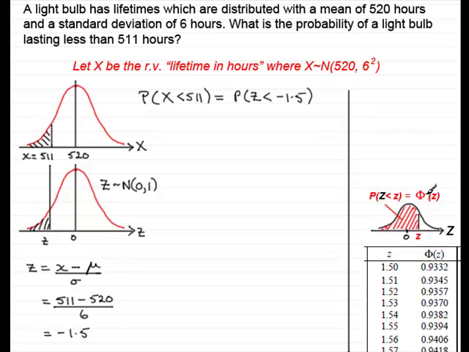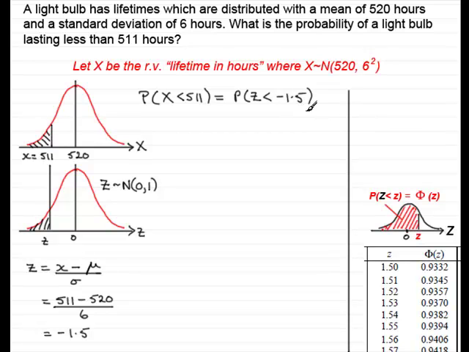Phi of z, I've drawn a little diagram up here, is the probability of being less than an observed value z. The only problem is that the z values have to be positive z values, and we've got a negative z value here, minus 1.5.